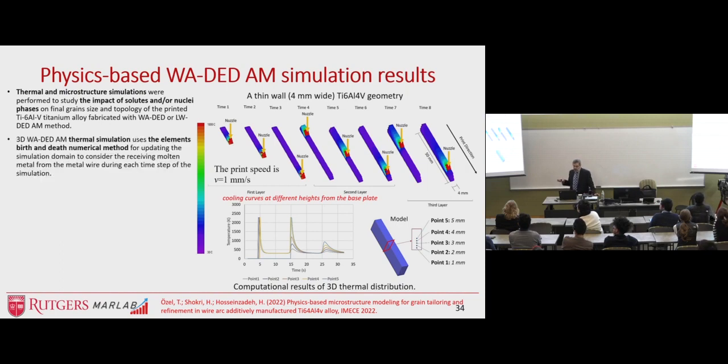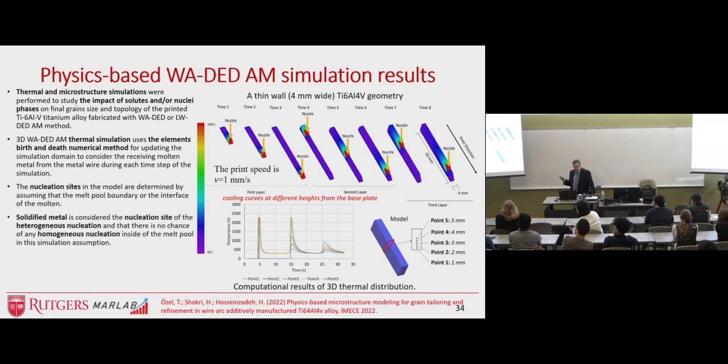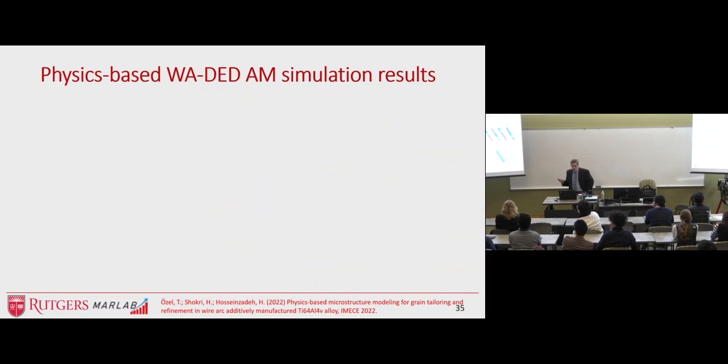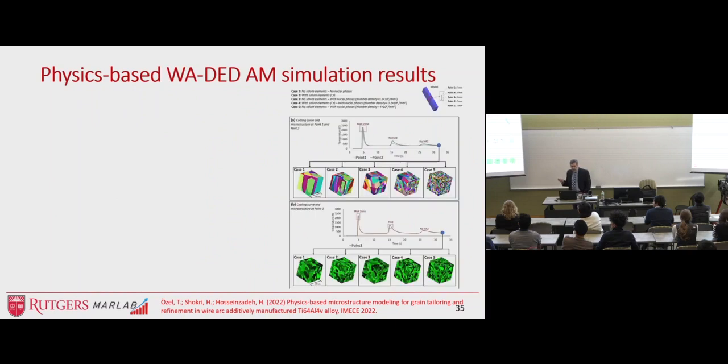At this point it's just a thermal simulation model. It doesn't use thermomechanical things, like it doesn't calculate stresses, but this thermal model is merged with a metallurgical model in order to see how the solidification will take place. Now, in this simulation, we will add solutes or nuclei or both in order to see if it improves the solidification microstructure. So let's go to the microstructure simulations.